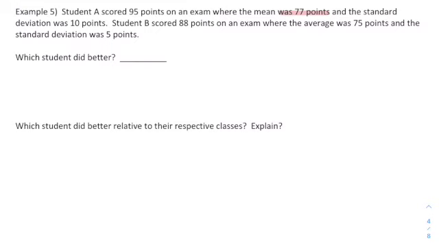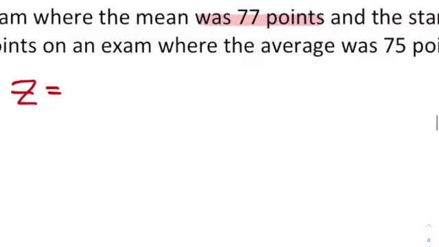So now what we're going to do is write down the formula. Z equals the piece of data minus the average, over the standard deviation.